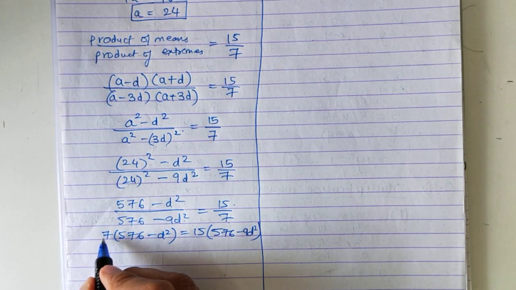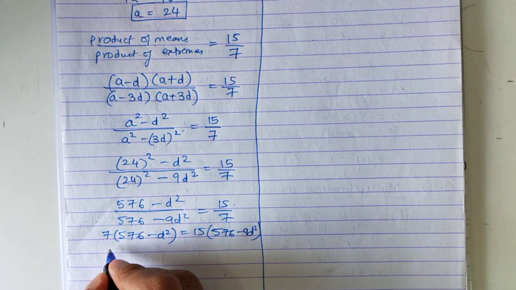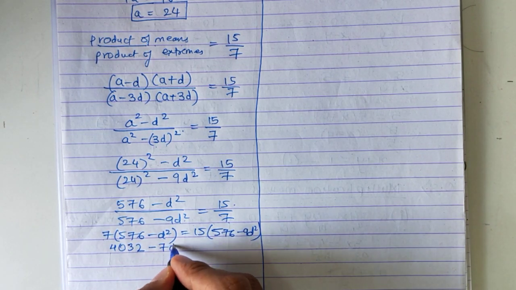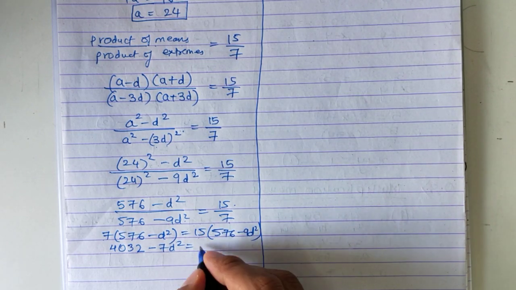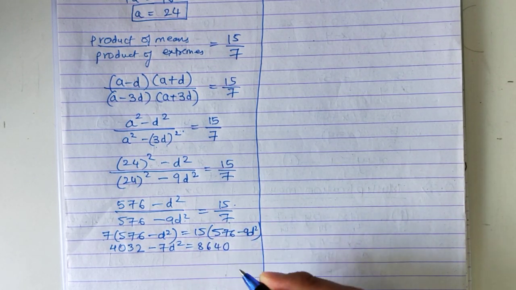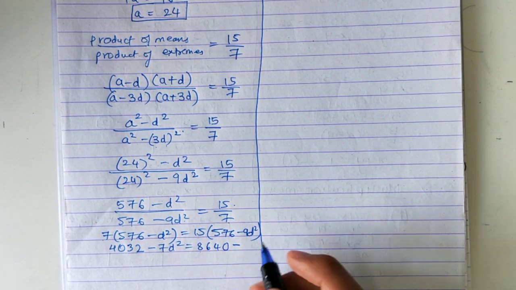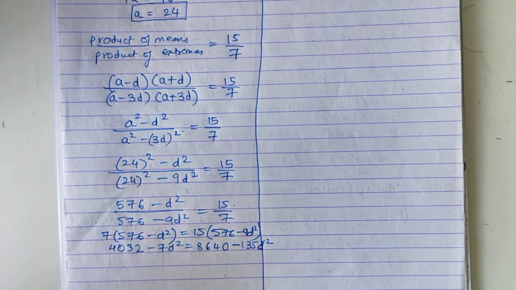Now open the brackets. 7 into 576 is 4032 minus 7d square equals 15 into 576 is 8640 minus 15 into 9 is 135 d square.